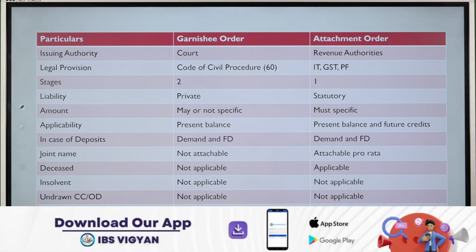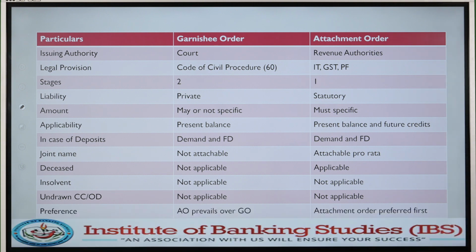If you examine the liability, in a garnishee order the liability is a private liability, that means the dues are private, whereas an attachment order is a statutory liability because the person who has defaulted payment owes income tax, GST or PF.